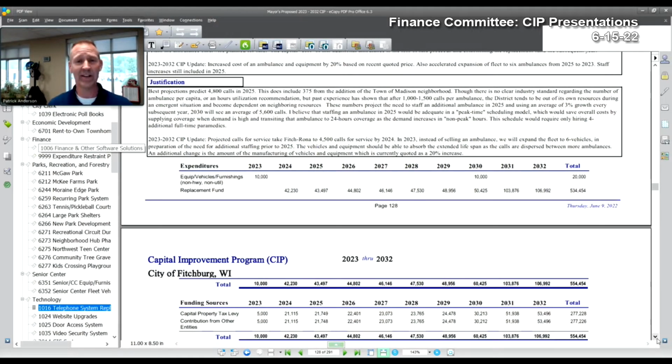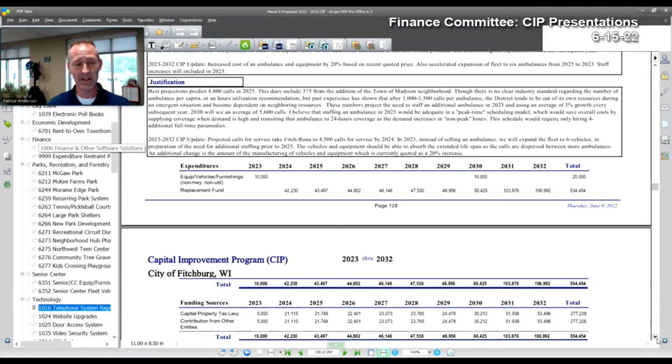So the original plan in 2025 was to keep an ambulance, purchase another one, and increase that fleet to 6 ambulances. What I put in here is actually to make that change starting next year and keep that ambulance next year and increase our fleet to 6 ambulances next year, based on the timing of even requesting that ambulance to be purchased in CIP for 2023.